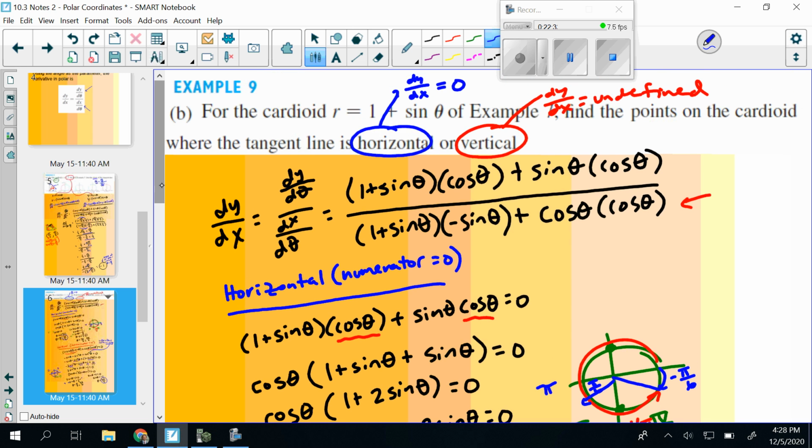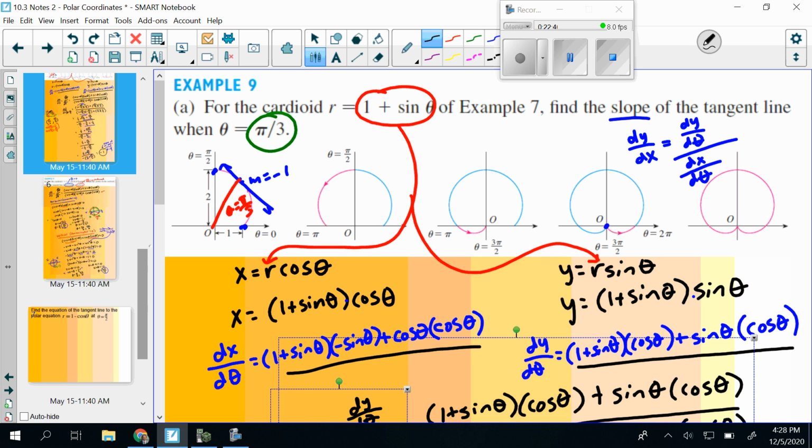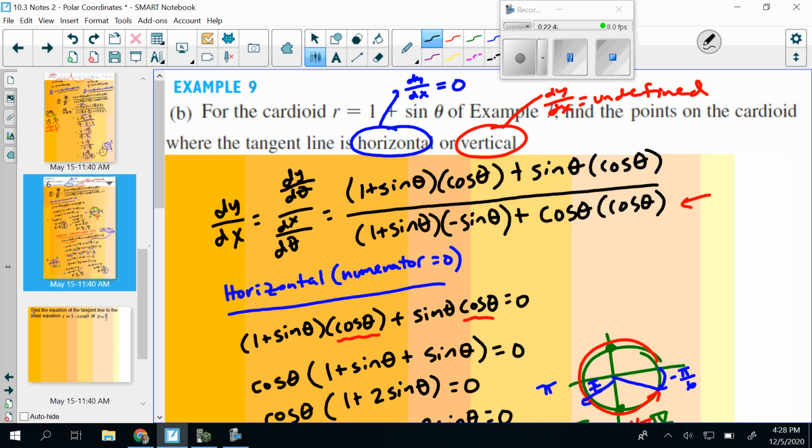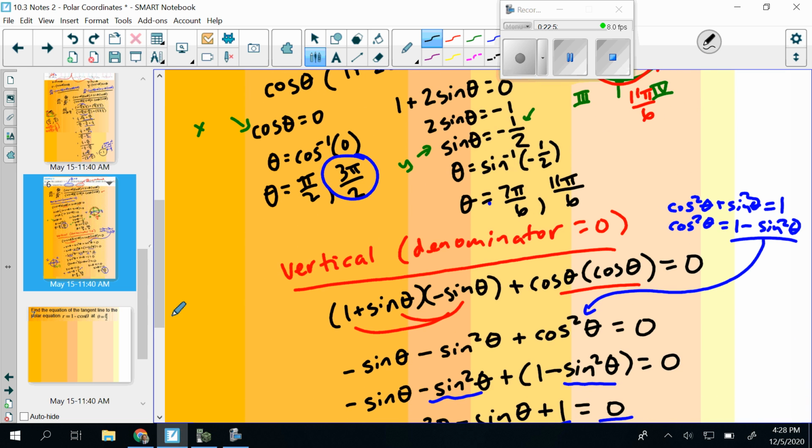If we look back at our picture though, 3 pi over 2 is when we hit this spot, and we can see that that's a point. There's not going to be a derivative there. So that one actually is not going to be part of either list there, because we do not have a derivative at the angle of 3 pi over 2. So this one we should cross off both our lists.